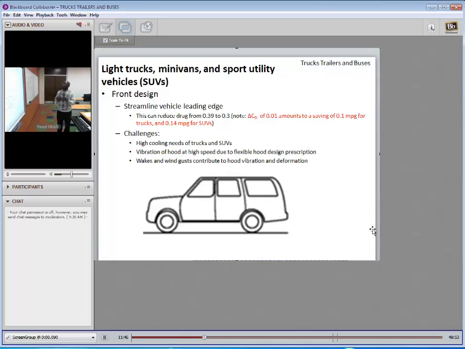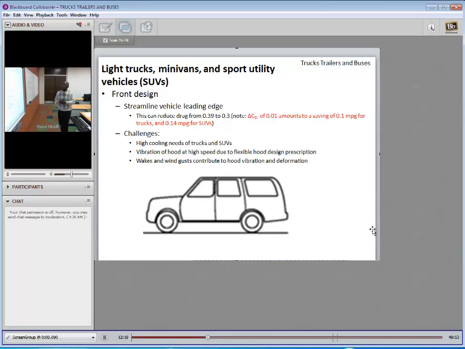You get an extra 2 miles because of the streamlined design in the vehicle, and even more so for the SUV. So the longer the distance that's covered, the higher the savings obtained from such drag reduction.